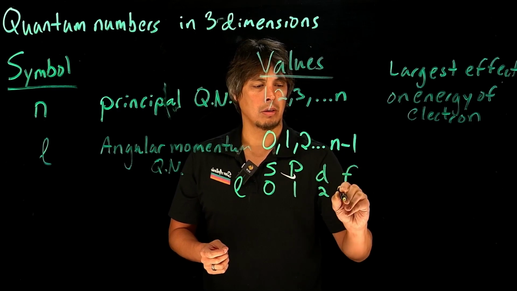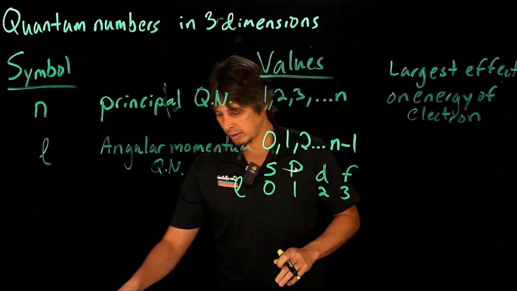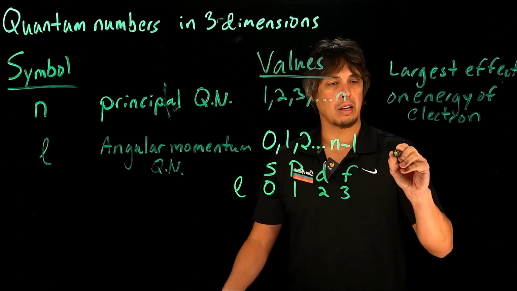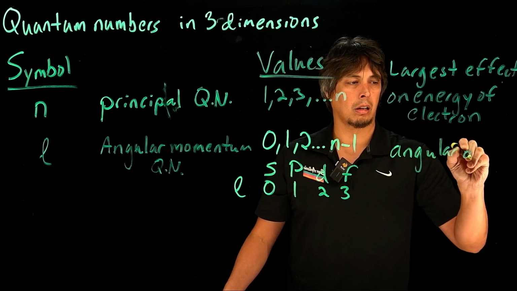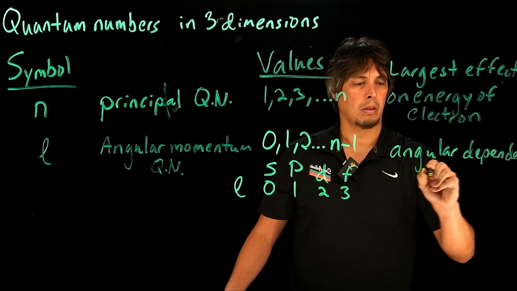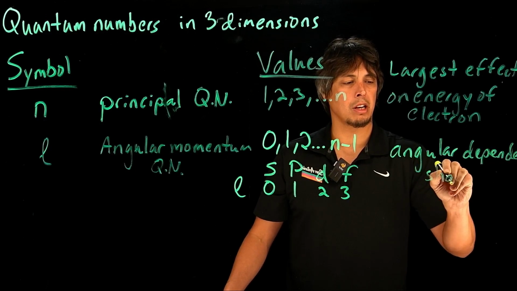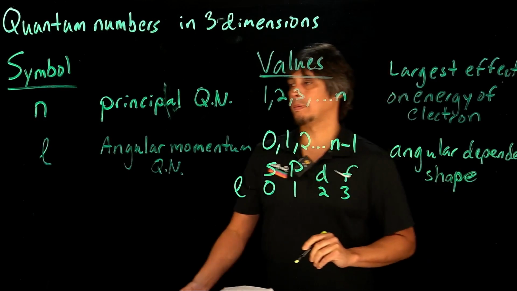For an f orbital, l is equal to 3, and this continues on and on. What this tells you is the angular dependence, or more simply put, the shape of the orbital that the electron resides in.